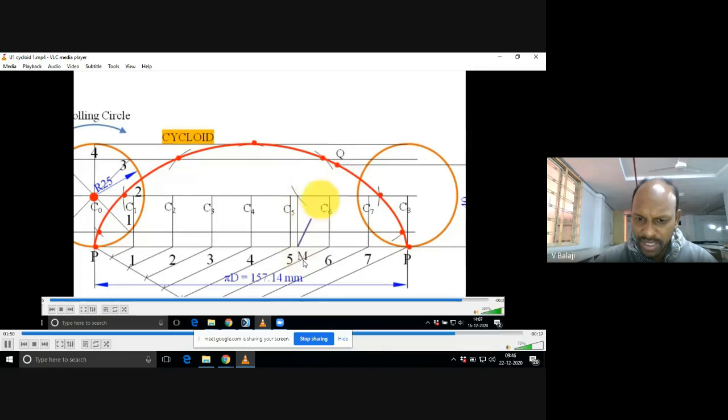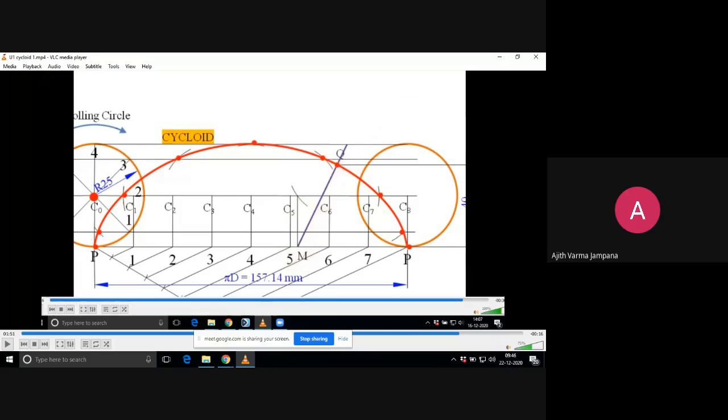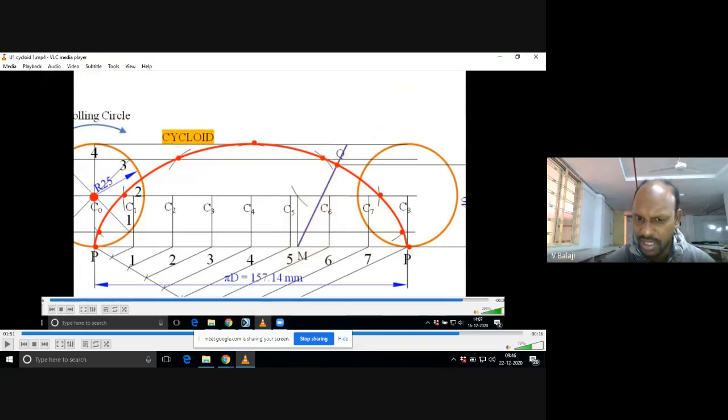From M, join that point to the point on the curve at Q and extend further. This is the required normal or tangent? Normal. Very good, normal. You can easily draw the tangent at that point Q with the help of the mini drafter 90-degree scale.